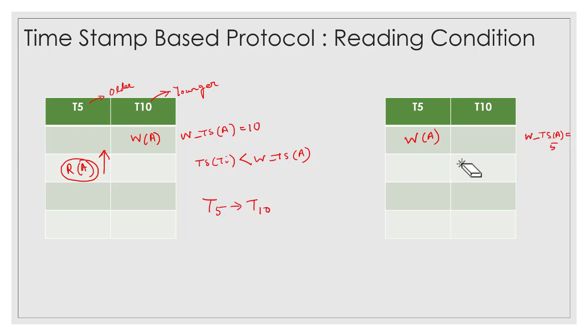Now, transaction 10, having a timestamp of 10, requested a read operation on the data item A. As we know, the timestamp based protocol will produce a serial schedule which will allow T5 followed by T10, so there is no problem with this operation. So as there is no problem, we are going to allow the read operation on the data item A by the younger transaction.